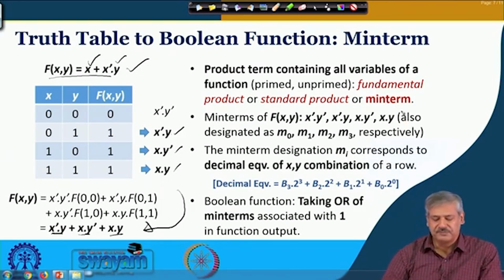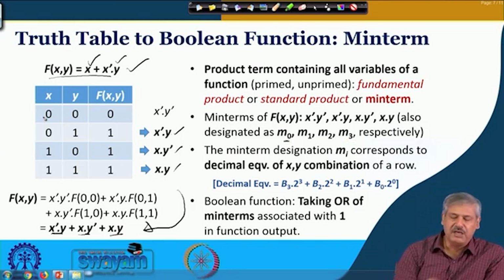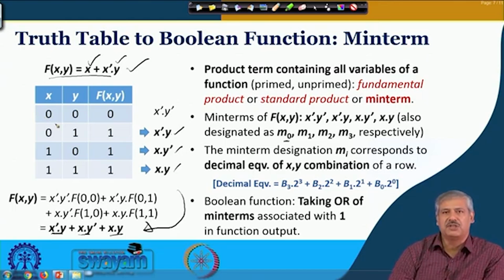And for convenience we also term them m0, m1, m2, m3. This suffix 0, 1, 2, 3 comes from the decimal equivalent of the x y values.